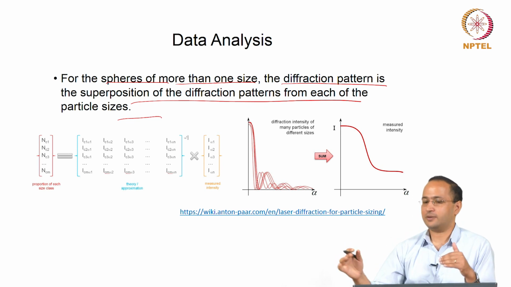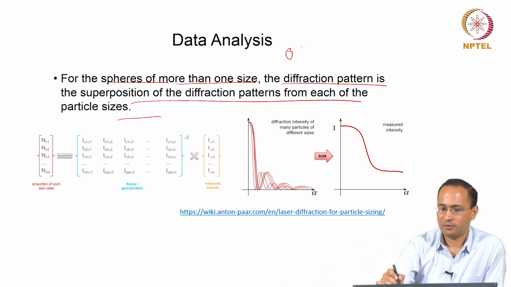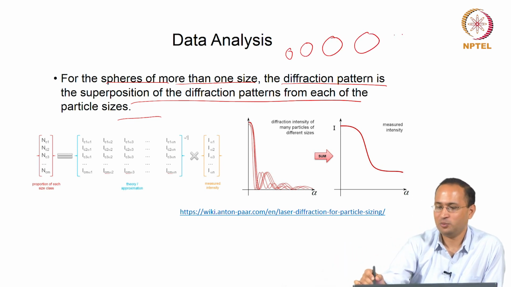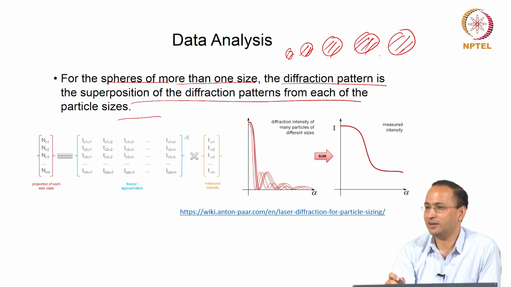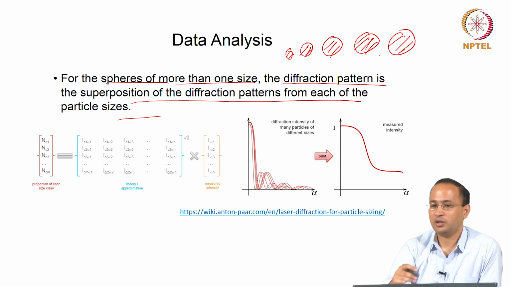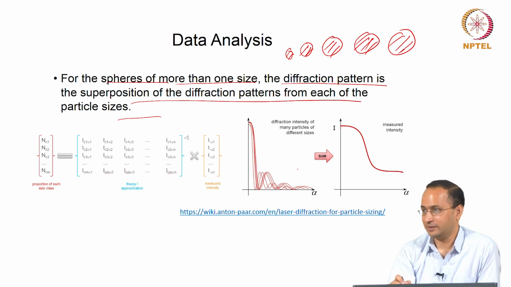Assume that you have spherical particles, but the size is different. They will all diffract differently, the angles will be different, the intensity will be different. So, the net pattern is the combination of the diffraction patterns for each size of particles.